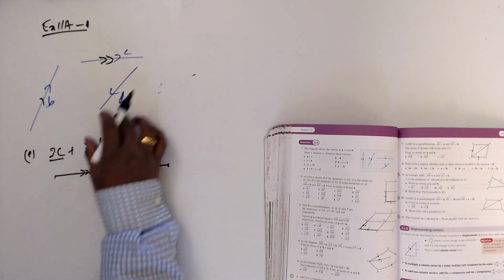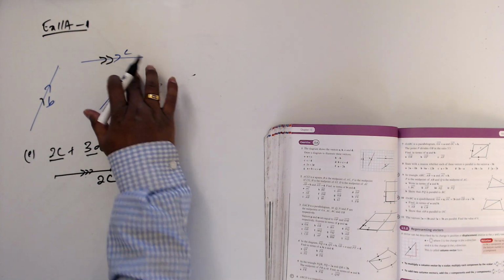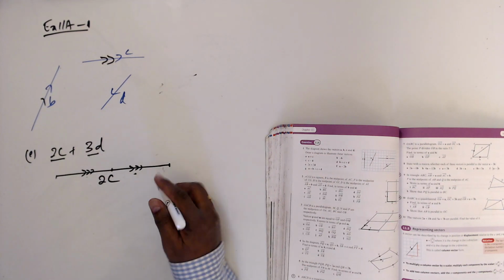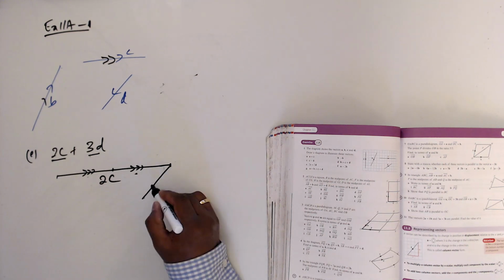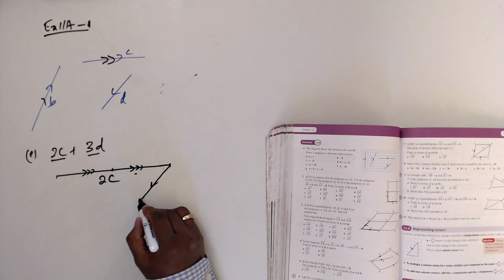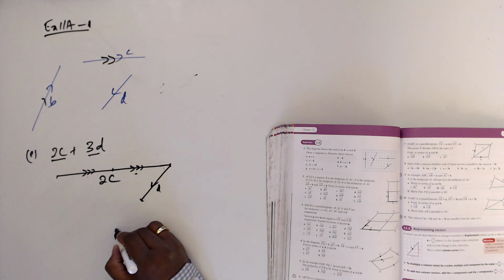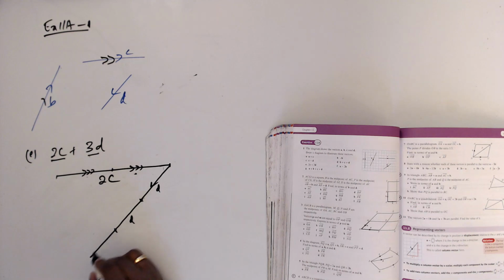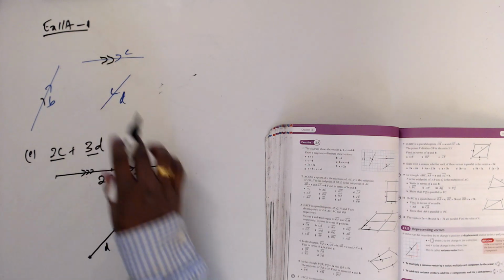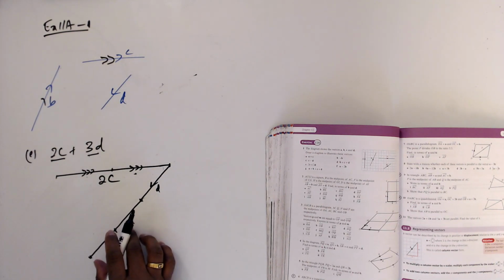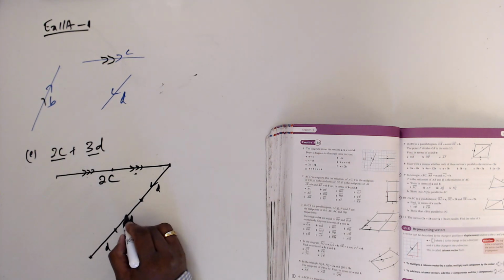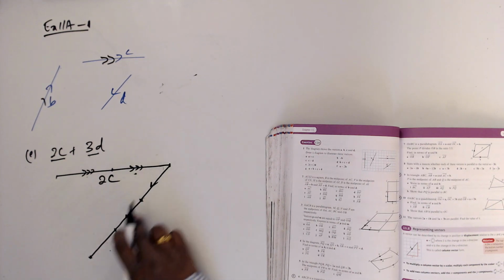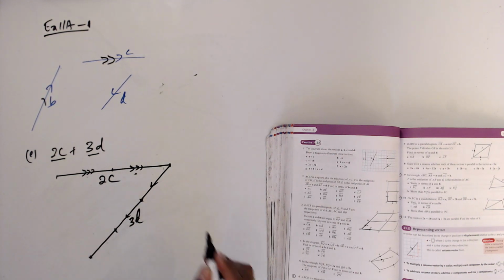And how many D's do you want? I'll make it smaller. So 3 D's. One D, and another equal vector, and another equal vector to D. Three equal vectors together. So instead of D plus D plus D, I will write 3D.